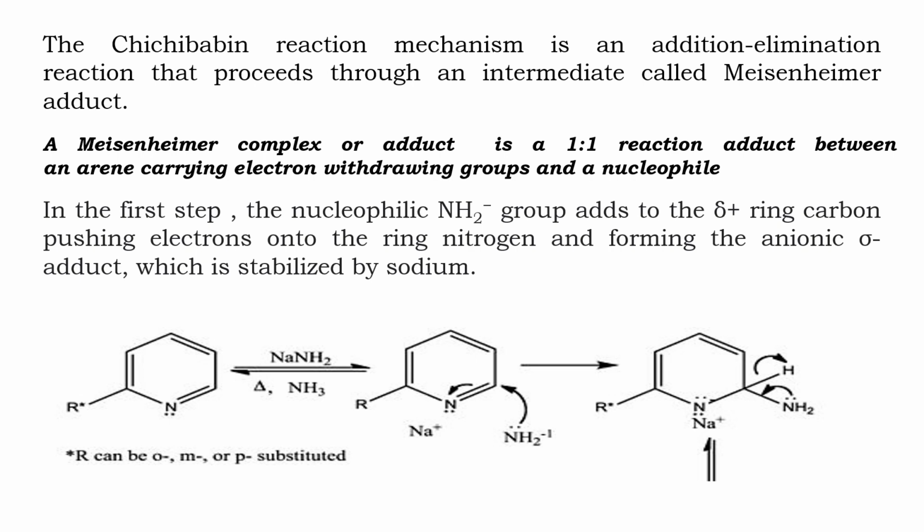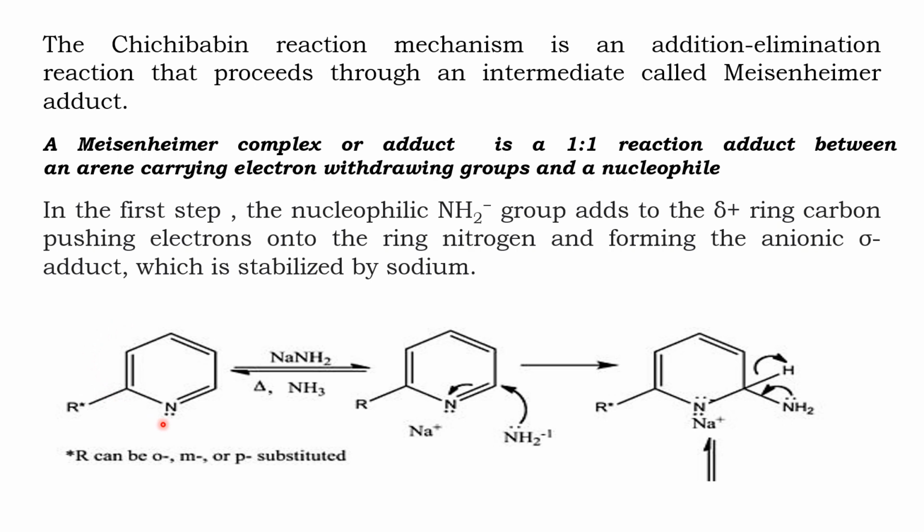The Chichibabin reaction proceeds through the formation of an intermediate called Meisenheimer adduct. In Chichibabin reaction, a Meisenheimer adduct is formed. And what is a Meisenheimer adduct? A Meisenheimer adduct is a 1:1 adduct between an arene carrying an electron withdrawing group and a nucleophile.